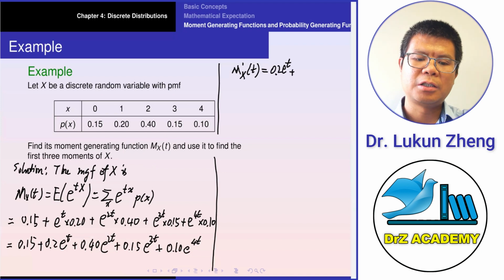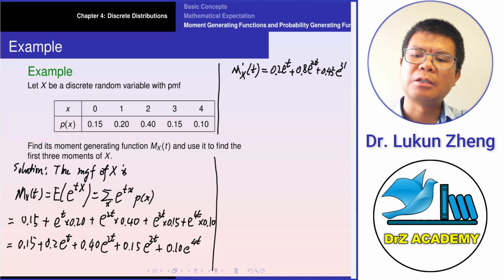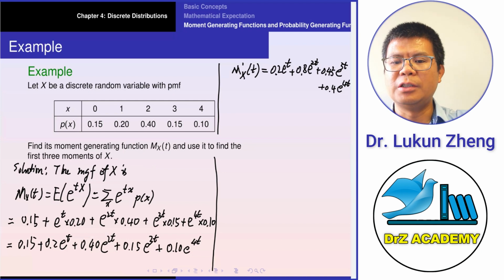Now using the chain rule, this is going to be 0.8 e to the power 2t, plus 0.45 e to the power 3t, and finally plus 0.4 e to the power 4t. So that's the first derivative.